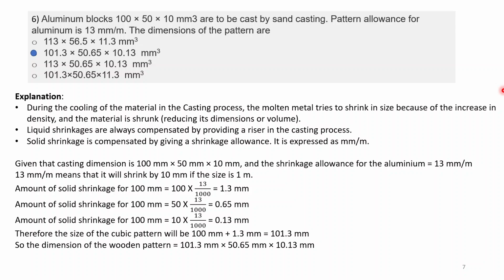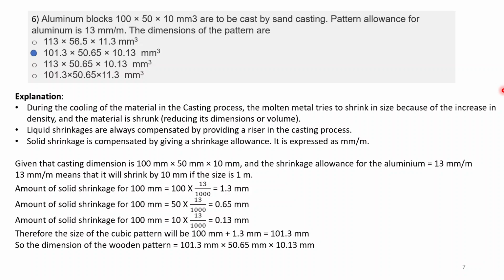For 100 mm you have to multiply by 13 divided by 1000 because it is per meter. So the addition will be 1.3 mm. For 50 you have to add 0.65 and for 10 you have to add 0.13 mm.